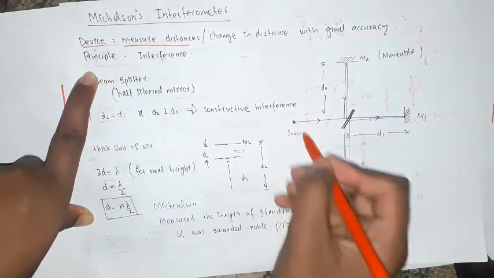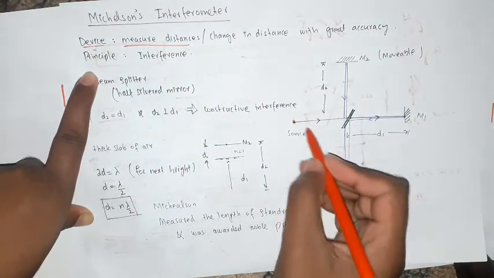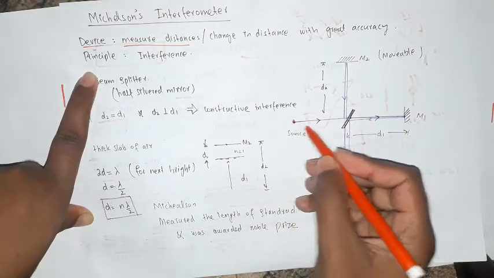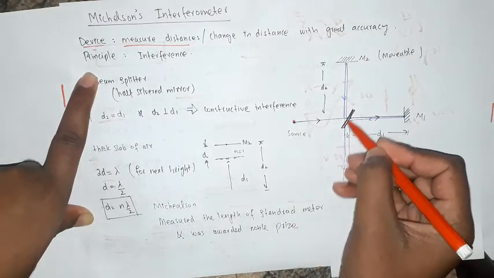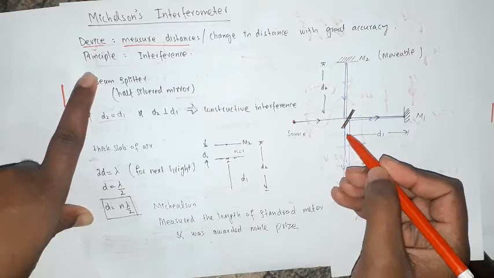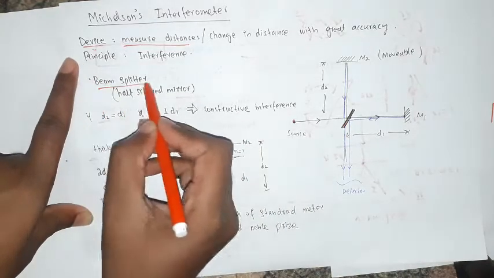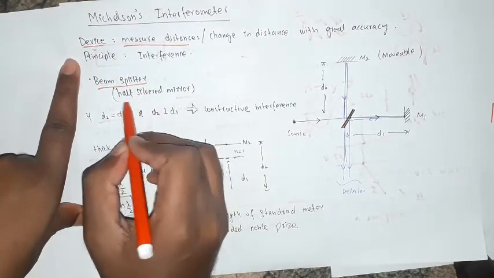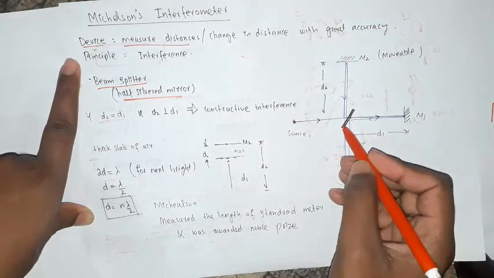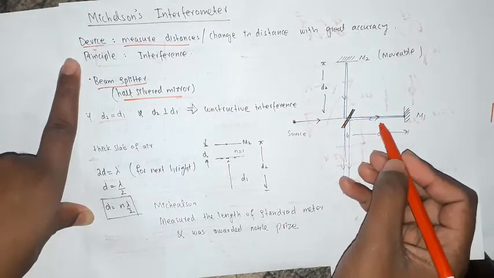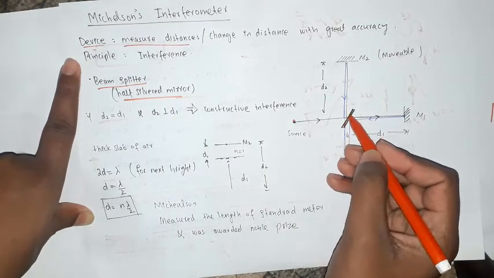Here we have a source of light, and light is coming from this source. Here we have this mirror, which is known as the beam splitter. This is a half-silver mirror, that is, it transmits half of the intensity and reflects half of the intensity.